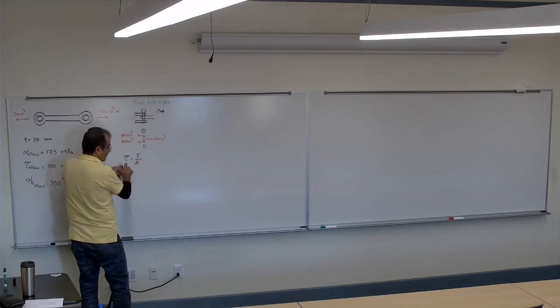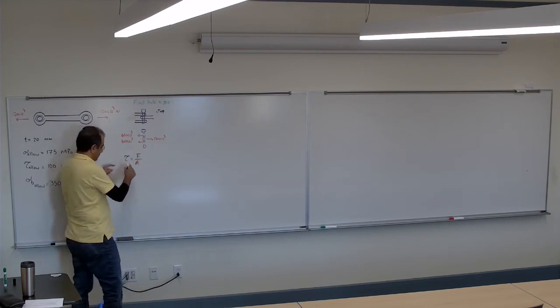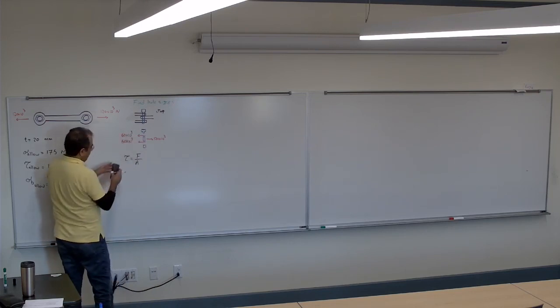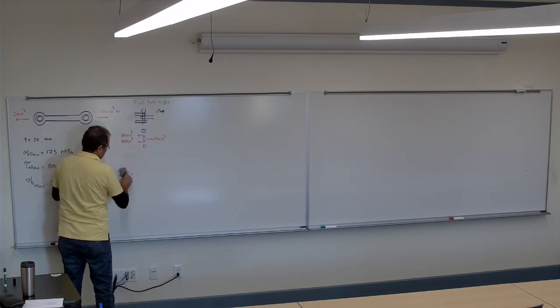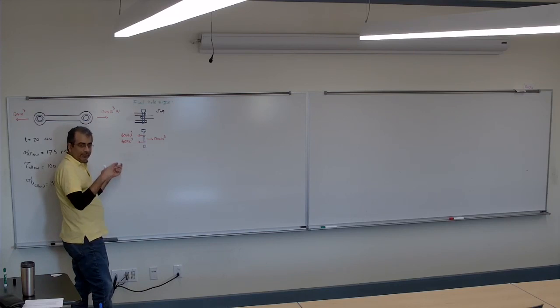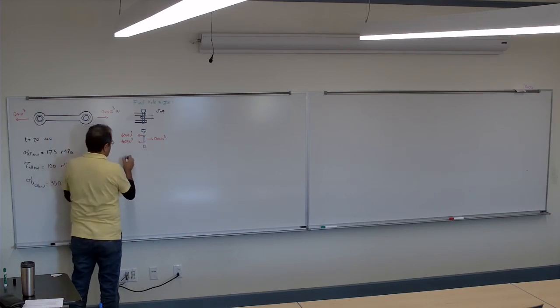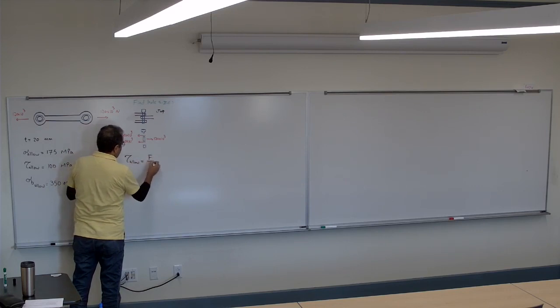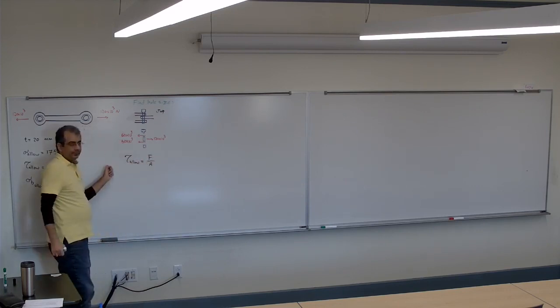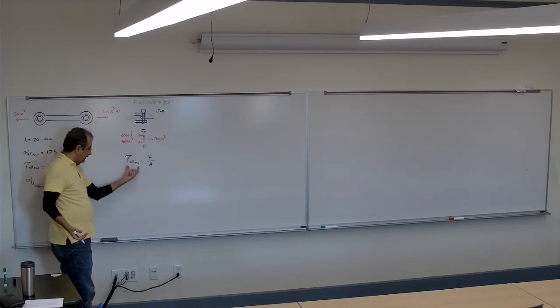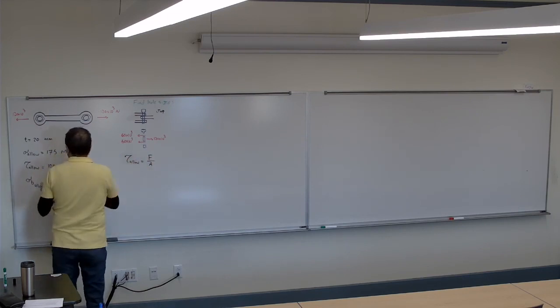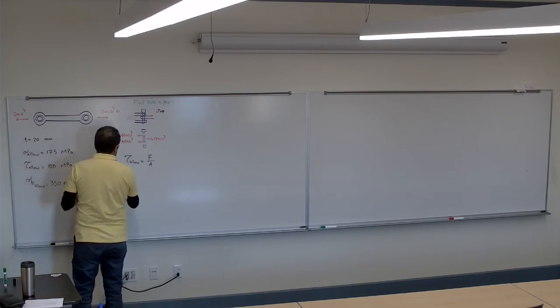But my shear stress here, I know already how much it is. So instead of having it like that, I would say, no, because I'm designing, I'm not calculating, the tau that I can use should be equal to F/A. Correct? So the tau that I can have should be that.